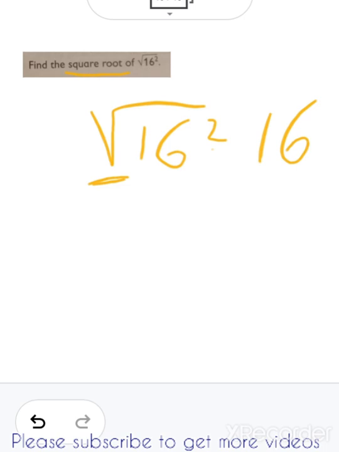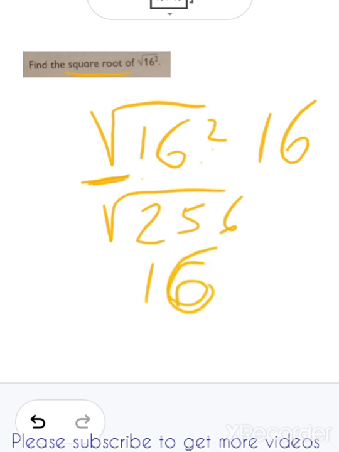Alternatively, you can also get 16 squared, which is 256. This is 16 times 16, you get 256. If you get the square root, it will be 16.